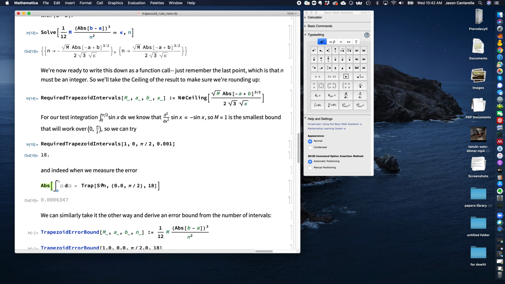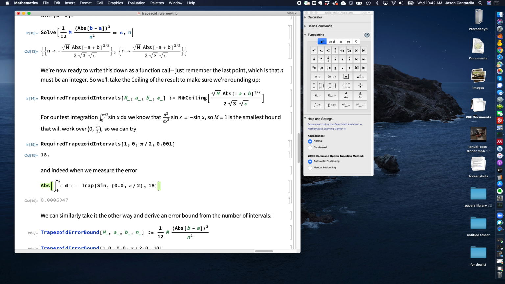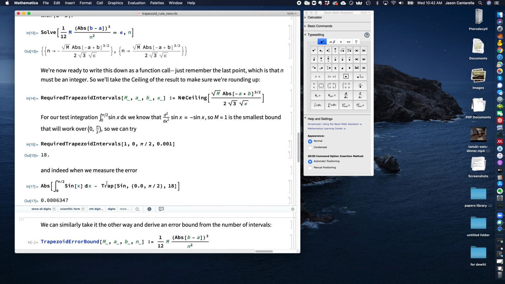Okay, so the blue box is down at the lower limit, so the lower limit is 0. Tab, the upper limit is escape p escape, that's pi over 2. Tab, the integrand is sine of x. Tab, the variable is x. And then I hit Shift Enter and it computes it.